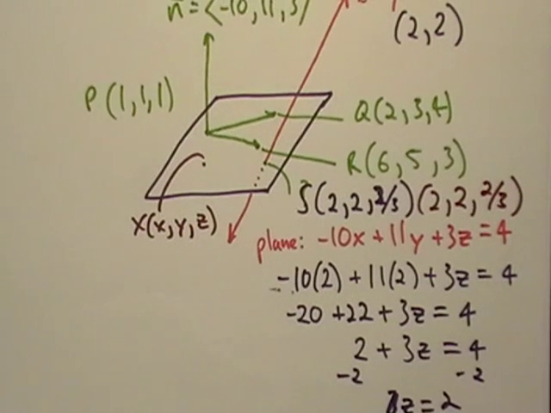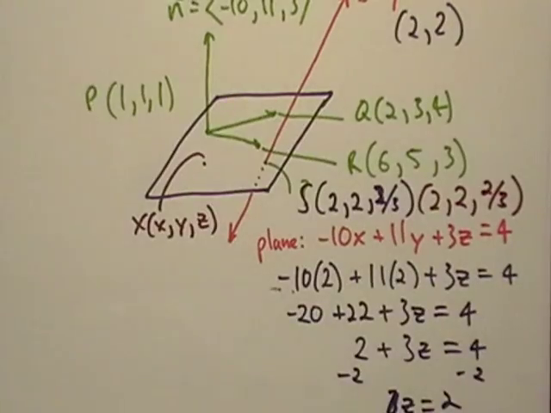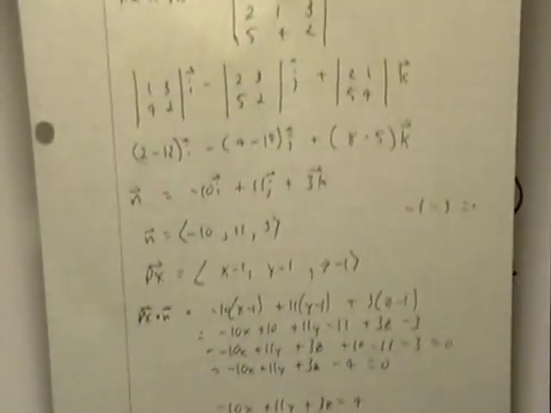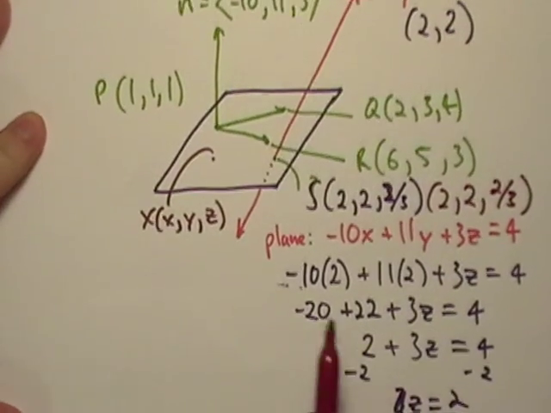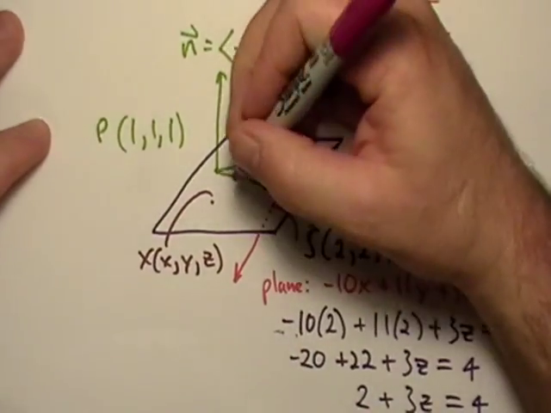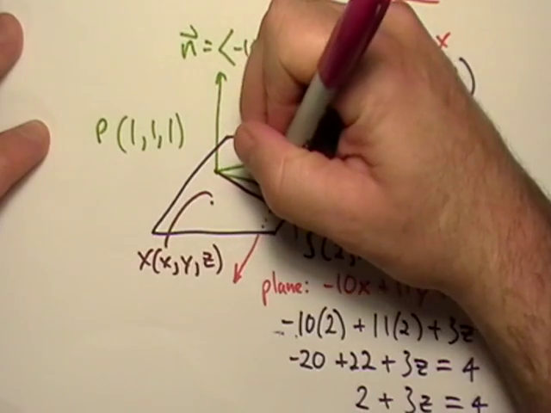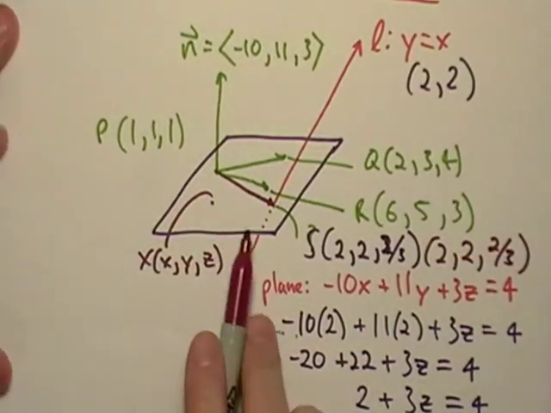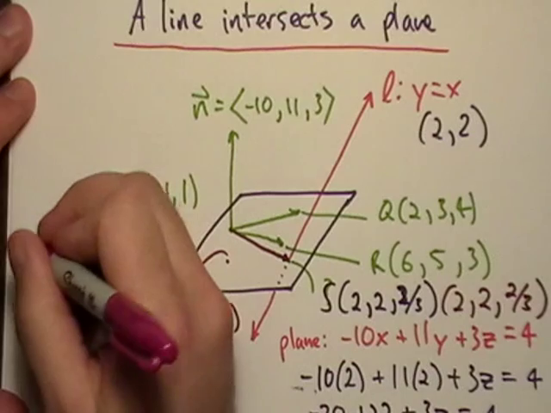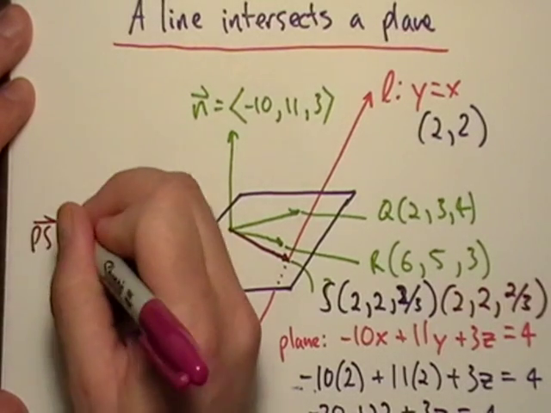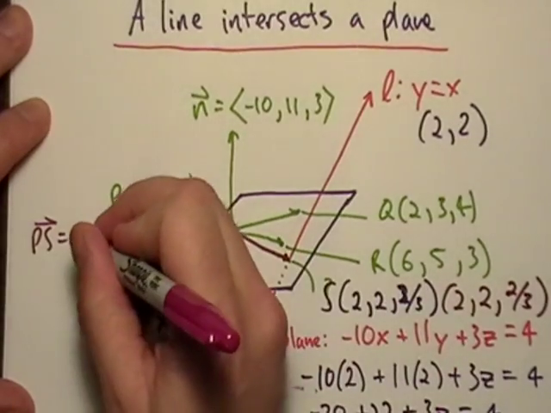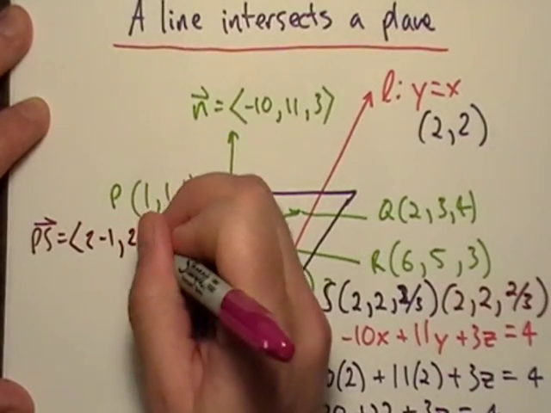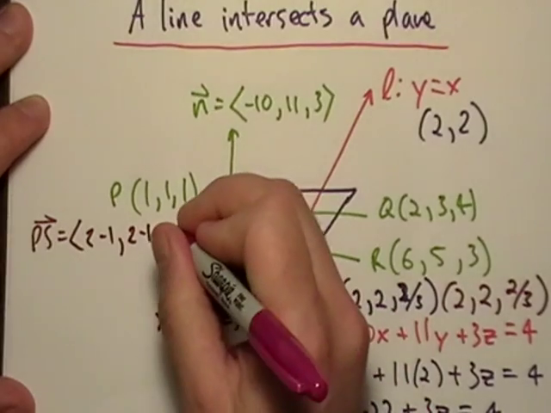Since we already did the dot product and everything when I did my work to find this out, it should work out, but let's double check ourselves. Let's take this line and vectorize it, making a vector PS. That's 2 minus 1, 2 minus 1, and then 2/3 minus 1.